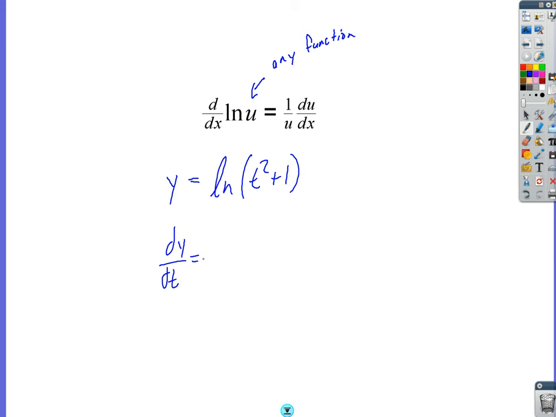That means it's going to be 1 over that function, t squared plus 1, times the derivative of that function, again a chain rule, of 2t, which is then equal to 2t over t squared plus 1.